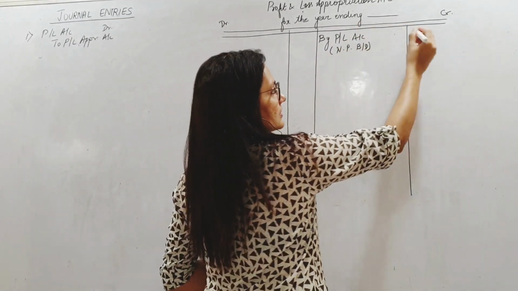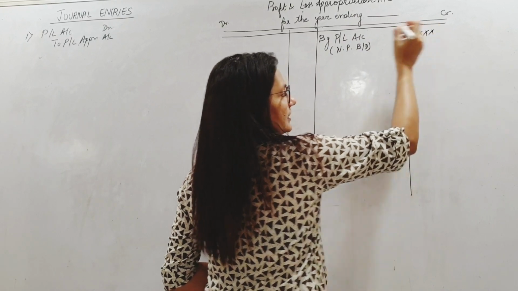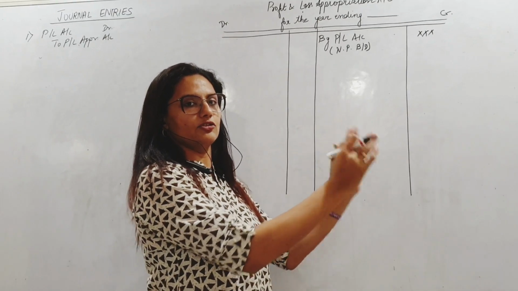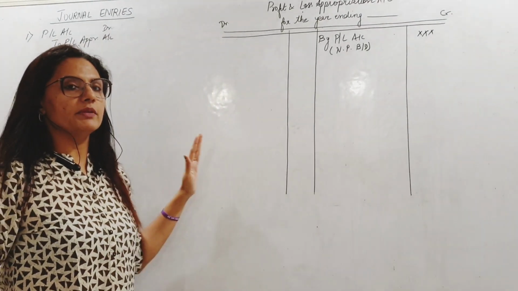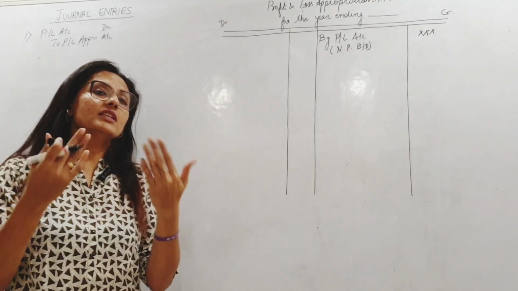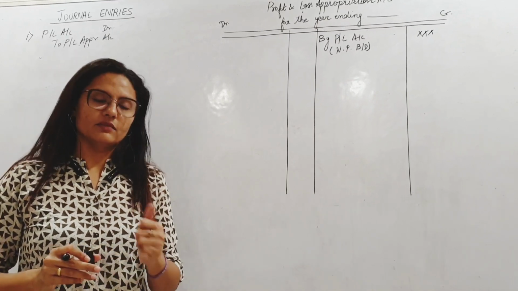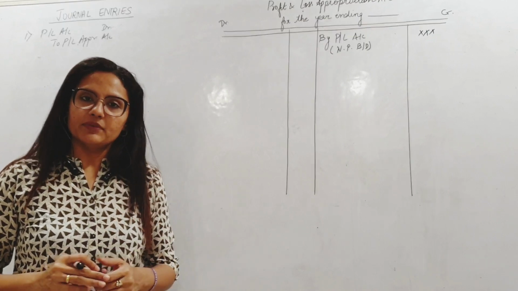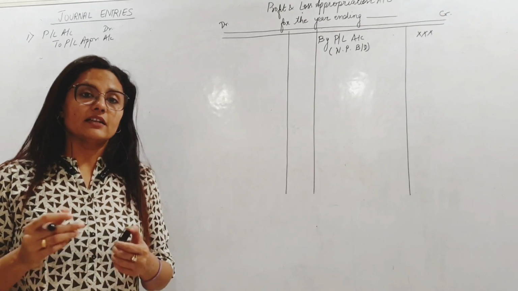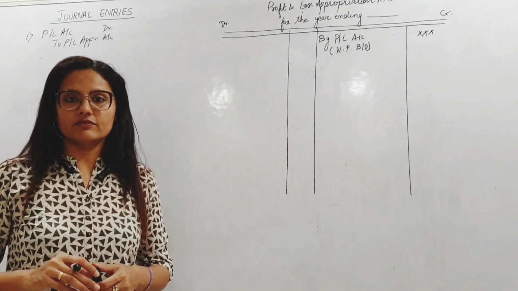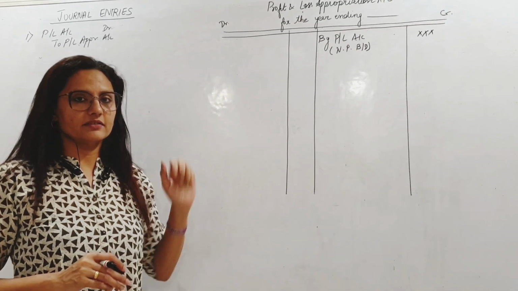By profit and loss account, and we have brought here the net profit. So here on this side I have whatever I need to distribute. On the debit side I will be putting all appropriation which I have to give to the partners. The amounts that I have to give to the partners is interest on capital, then salary, partner's commission, any transfer to a reserve, all those things will appear here.